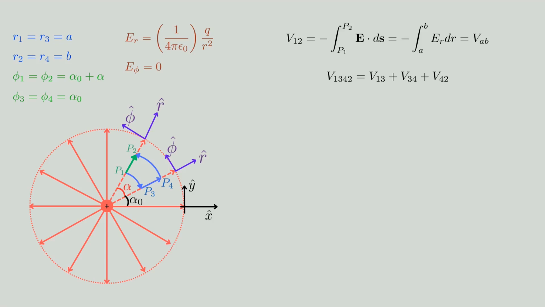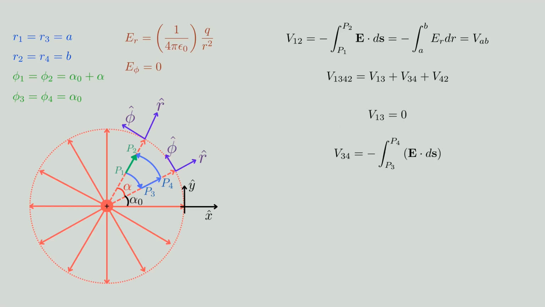This can be broken down into three subcalculations, namely V sub 1,3, V sub 3,4, and V sub 4,2. For V sub 1,3, the radial component contributes nothing because r sub 1 is equal to r sub 3. At the same time, the angular component of E is 0, thus making the result 0.